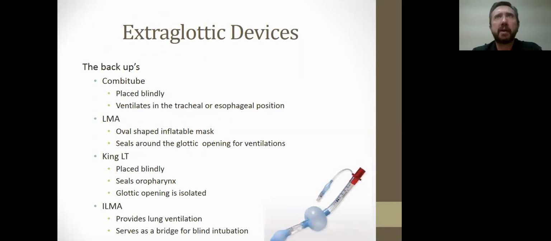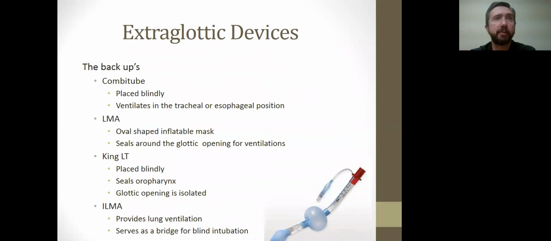Now, the extraglottic devices, as I've mentioned, specifically the ones listed here, the one in the picture there is called the King Airway. It's got a large proximal balloon, and it seals the oropharynx. And that smaller distal cuff seals the distal aspect upon the position that you place.